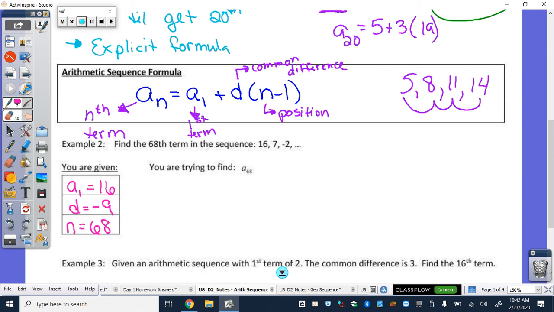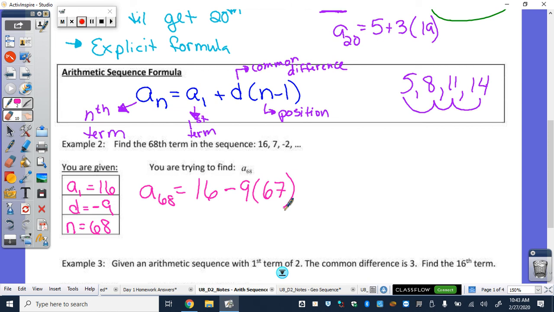So all I'm going to do is plug into that formula that we just went over. So instead of a sub n, I'm going to have a sub 68 because I'm trying to find my 68th term. So it's my first term. I'm going to make it minus because my common difference is a negative 9. So instead of plus negative 9, just minus 9.